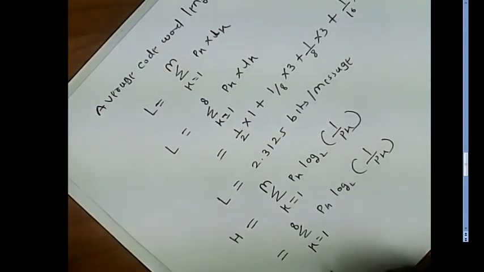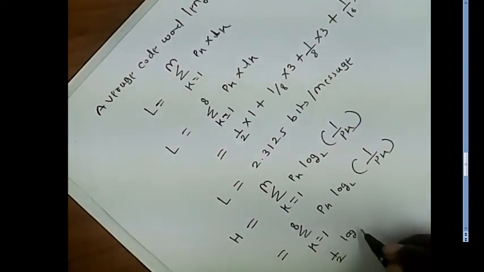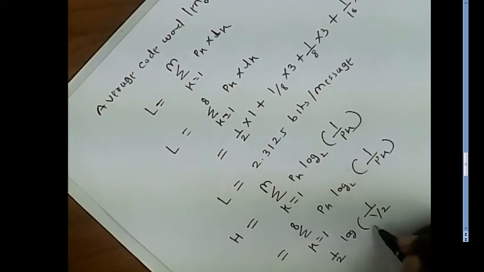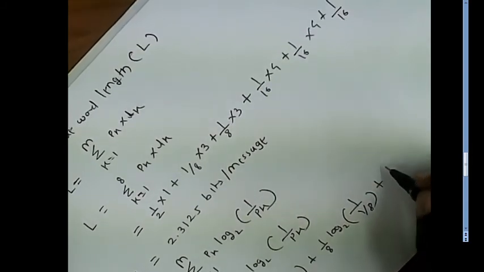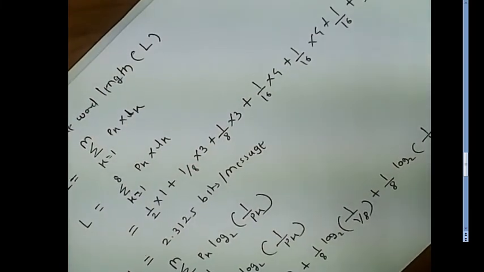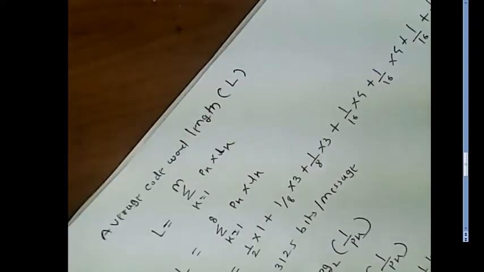So we calculate the entropy: 1/2 log to the base 2 of 1 upon 1/2 plus 1/8 log to the base 2 of 1 upon 1/8, 1/8 log to the base 2 of 1 upon 1/8, then 1/16 log to the base 2 of 1 upon 1/16.